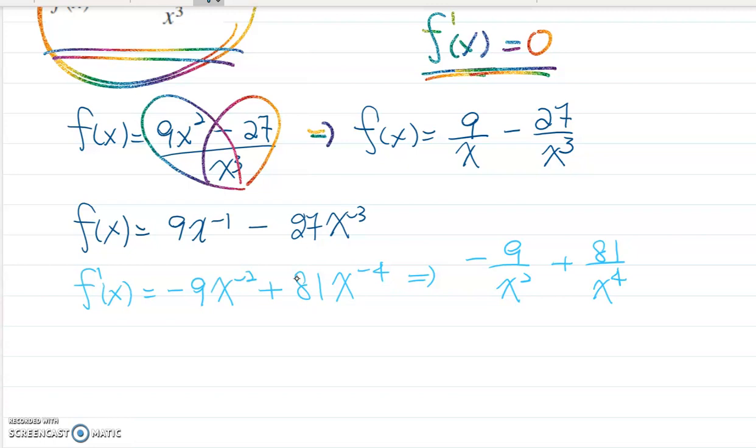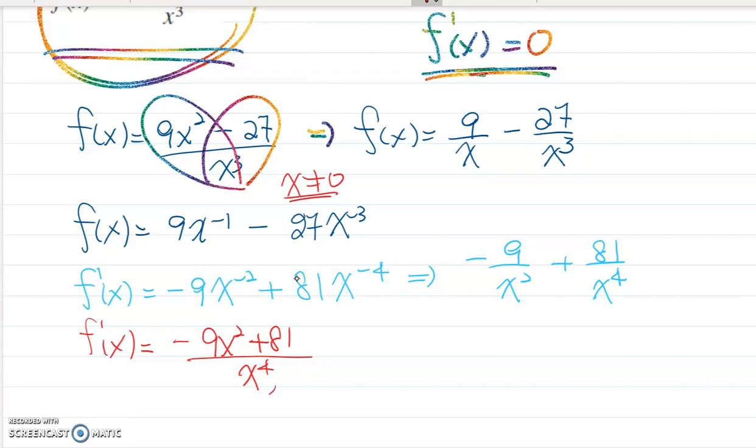As you see, x^4 is the common denominator, so I can rewrite the derivative as (-9x squared plus 81) over x^4. From the beginning, we have a limited domain: x cannot be 0.